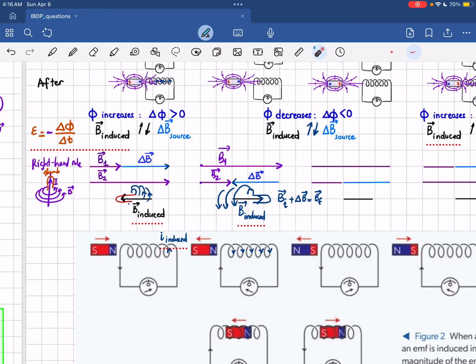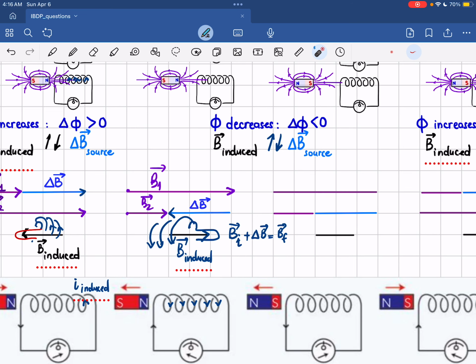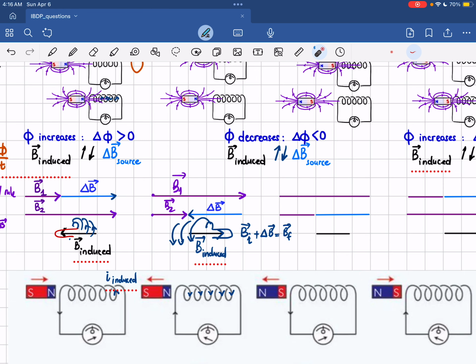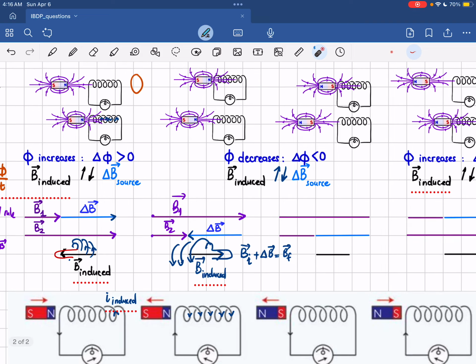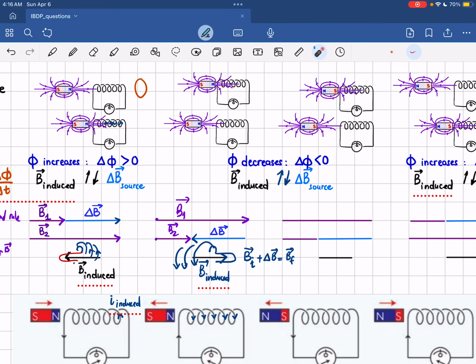Okay, but the thing is that the induced field is always opposite to the change in the source. The key thing here is that in the first case, when you have the flux increasing, the induced field actually points in this direction, right? So it's opposite to the original source. It's opposite because it's against the change, okay?